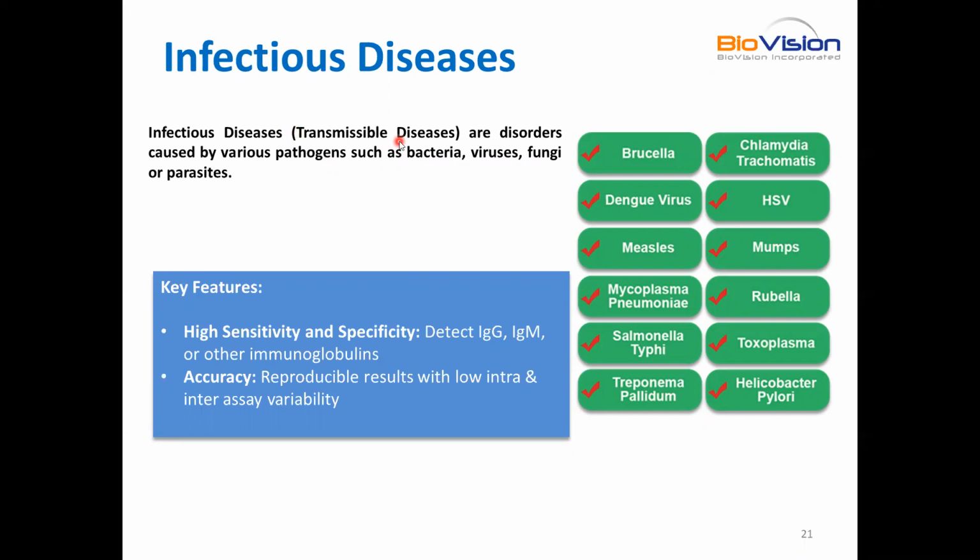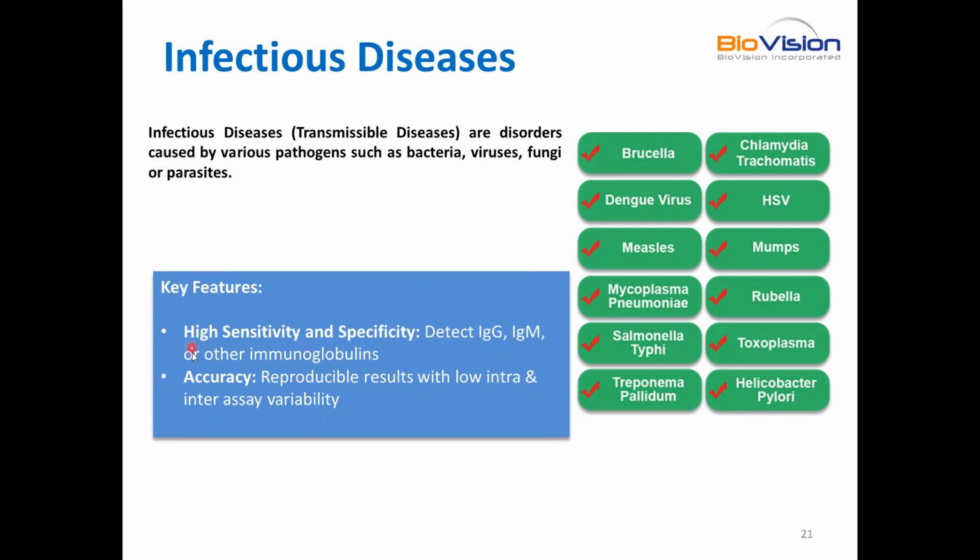These infectious diseases cause around 15% of total deaths in the human population. So these ELISA kits can be used to detect and to study the mechanism and prediction of these infectious diseases.